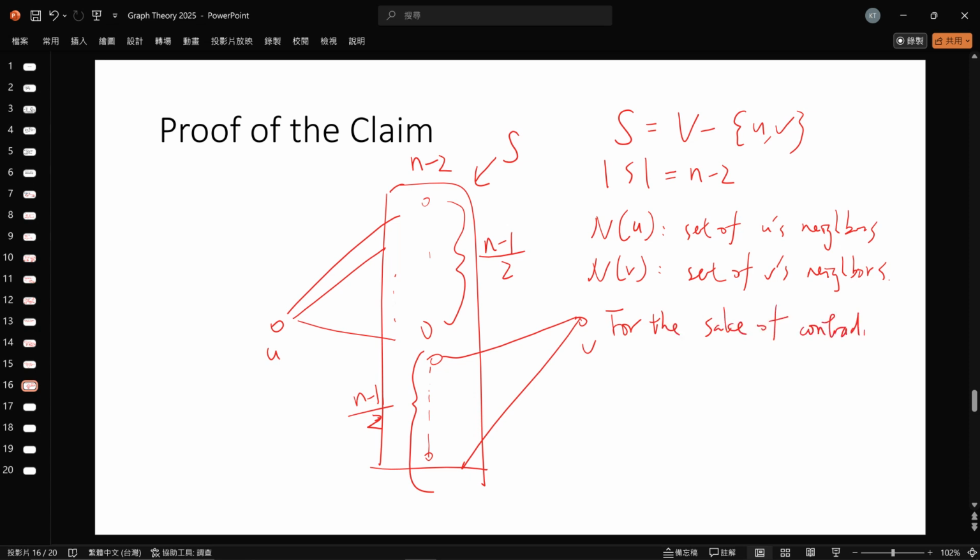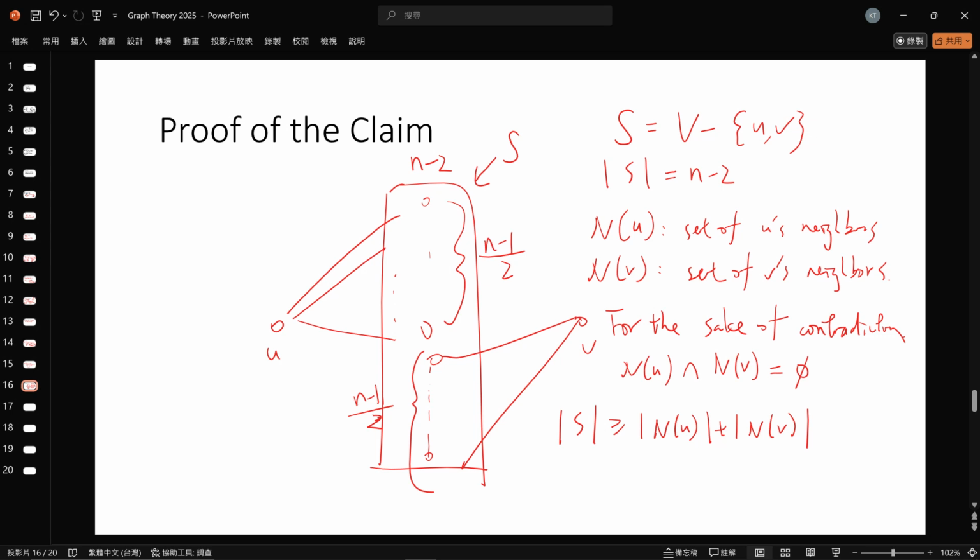Because we want to prove it by contradiction, we assume that these two sets are disjoint. In other words, their intersection is the empty set. Which means the size of S is at least the size of N(u) plus the size of N(v), that is, the number of neighbors of u plus the number of neighbors of v.